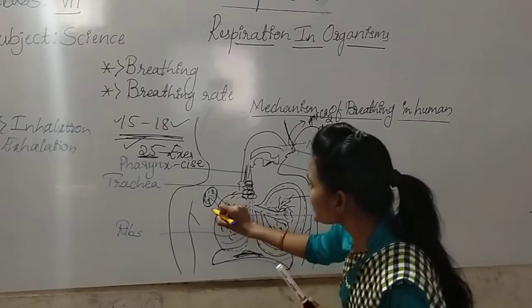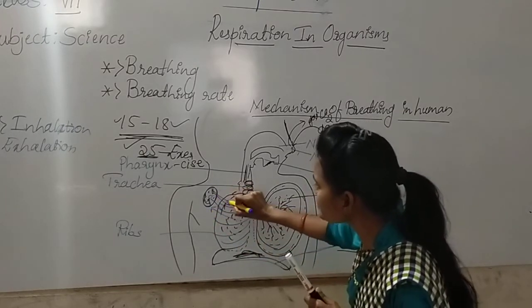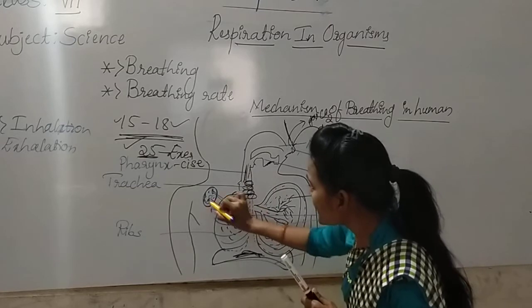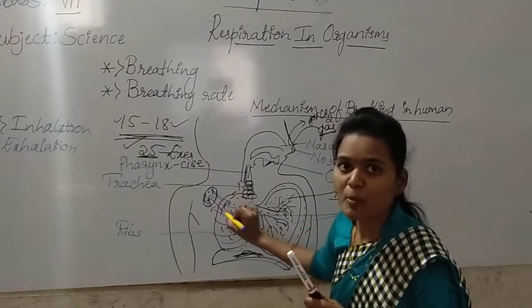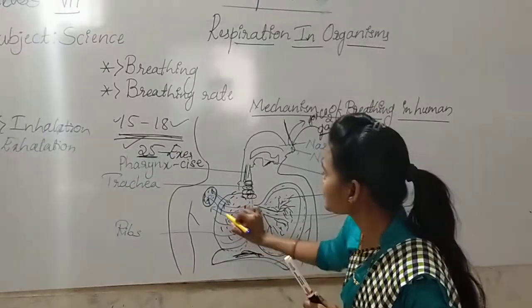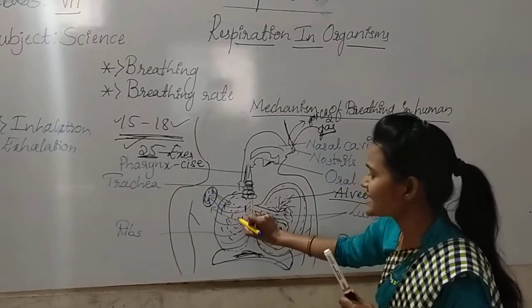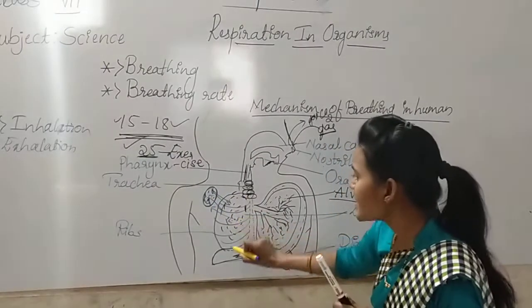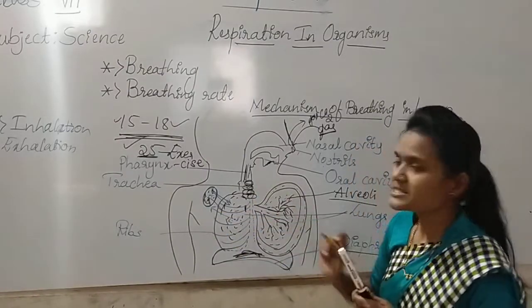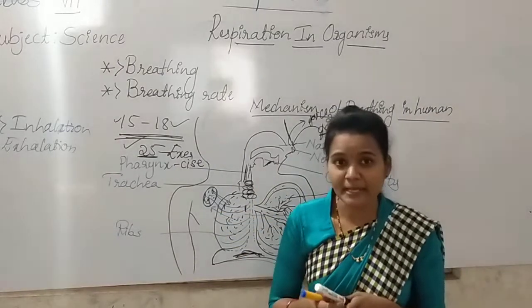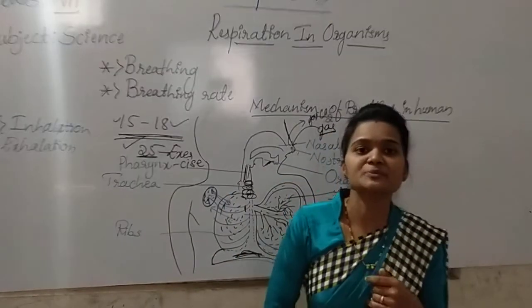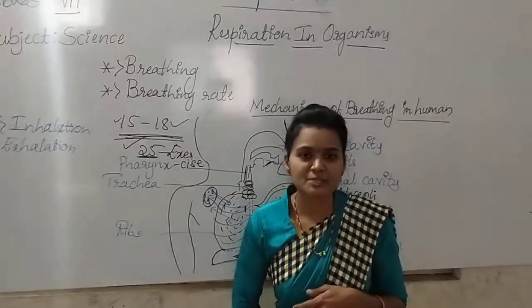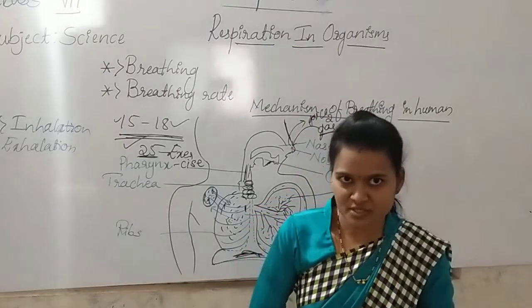This carbon dioxide has to enter here, oxygen has to enter here. So in both cases we have to see the same amount of gases, equal amount of gases. Then only the mechanism is said to be done. So that's why the mechanism of breathing depends on the diffusion process.